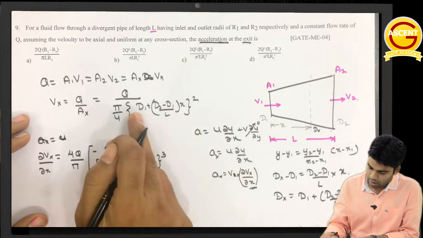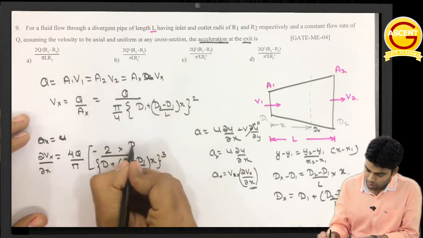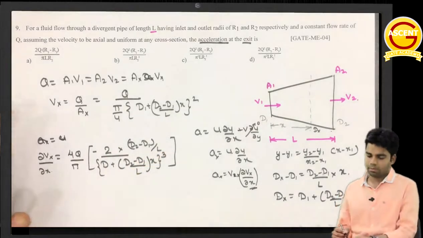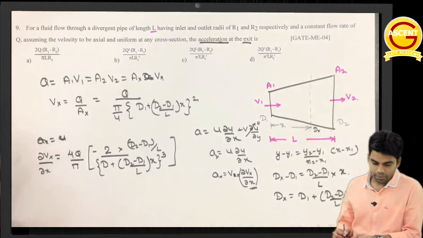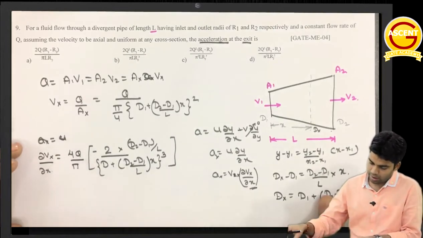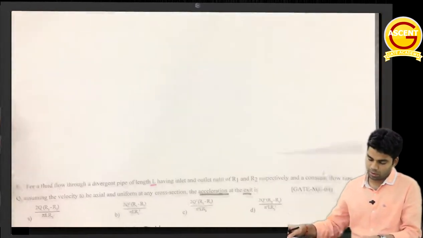This term will be 0, this x will be out, and we will get d2 minus d1 by L. Getting this or not? Clear? Okay, so this is nothing but del Vx by del x. Now what will be Ax?